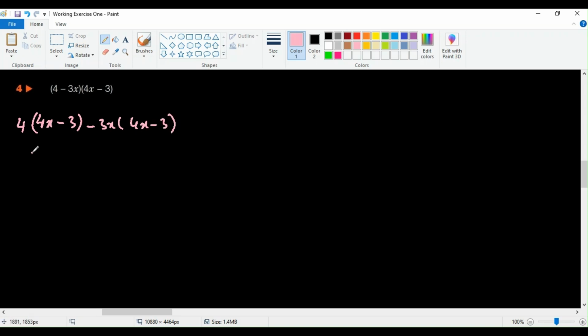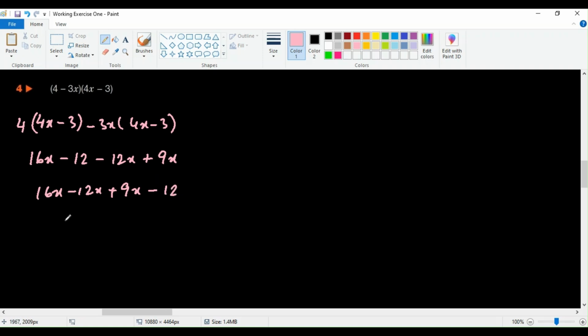Now this gives us a 16x square, and plus minus is a minus, 4 times 3 is a 12x, and minus plus is a minus, 4 times 3 is a 12x, and minus minus is a plus, and 3 times 3 is going to give us a 9. Now this is going to be 16x square minus 12x minus 12x, but before that I should write plus 9 first, and then minus 12 comes later.